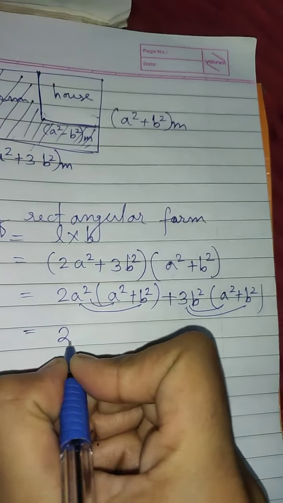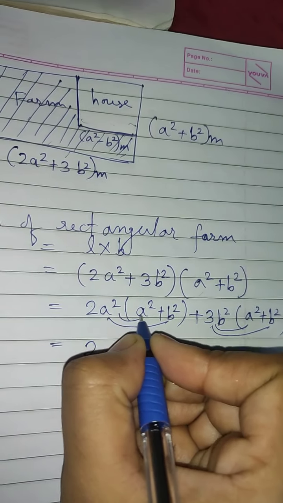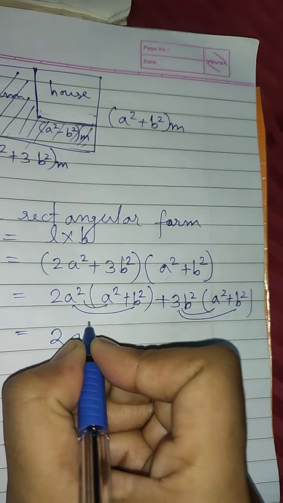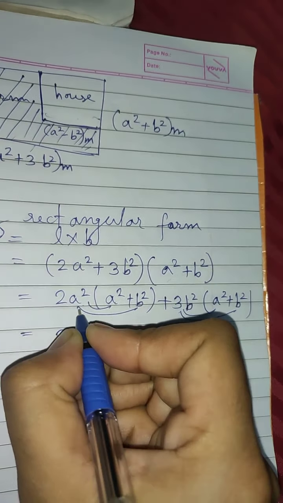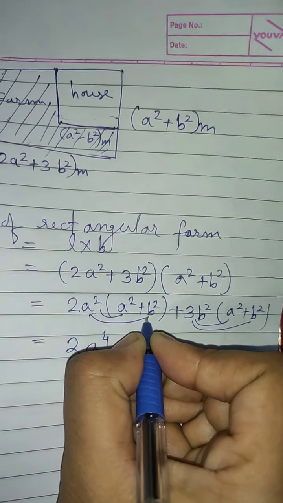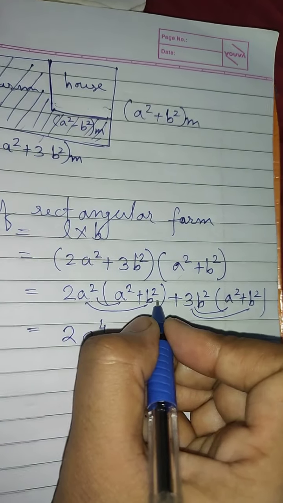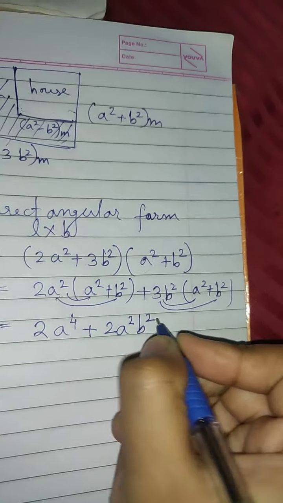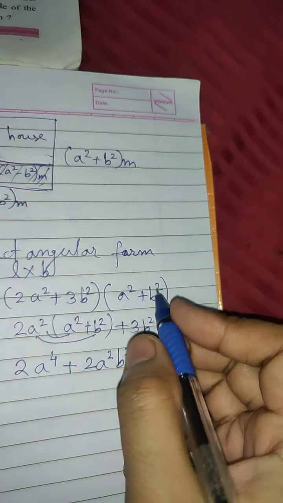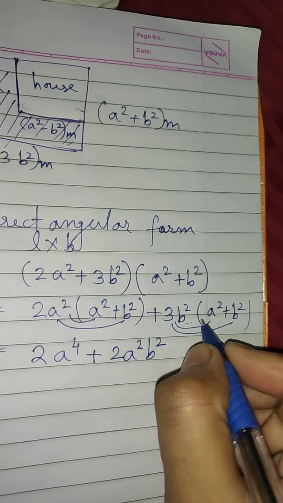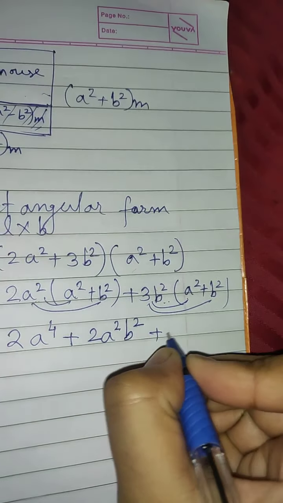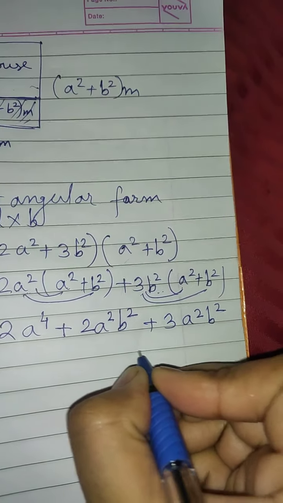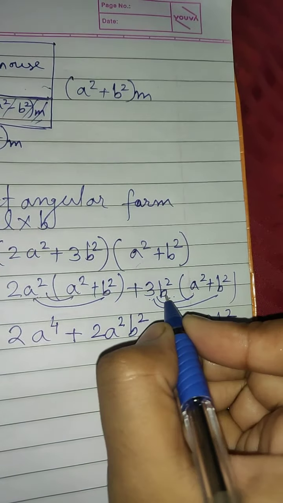So here 2a square into a square, both bases are the same, both are a, so we can add the powers: 2 plus 2 will come a to the power 4. Then plus, here a square and b square, we cannot add the powers because the bases are different, so we write 2a square b square. Similarly here b and a, both bases are different, we cannot add, so plus 3a square b square, plus 3b square into b square.